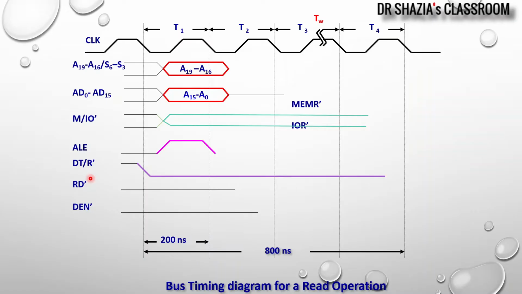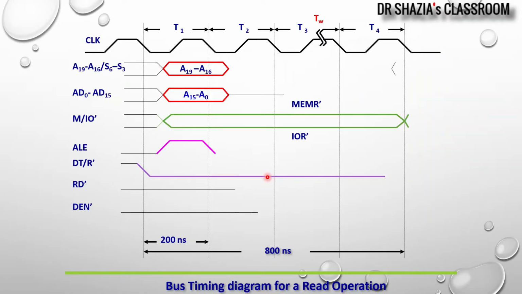So for a read operation, the microprocessor is going to receive the data, so DT/R bar goes low in the first T state. So in the first T state, the address is generated with the help of ALE, and then M/IO bar, which is one of the control signals, will get activated, and DT/R bar will get activated.